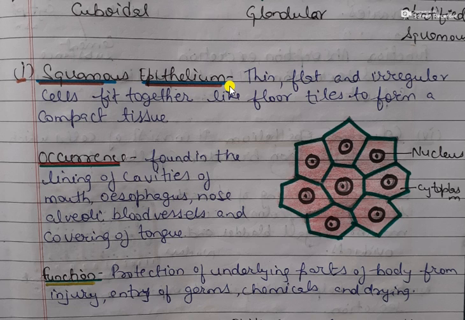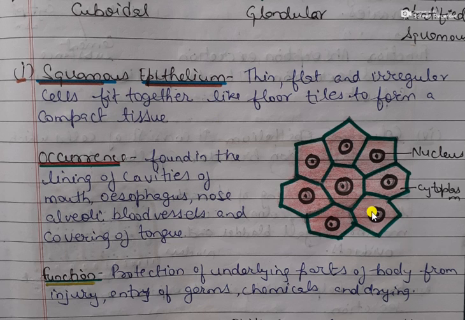The cells of this tissue are thin, flat and irregular in shape, and they closely fit together like the tiles in a floor. We know that when a floor is made up of tiles, the tiles are closely fitted. In the same way, the cells of this epithelial tissue are closely fit together to form a compact tissue.